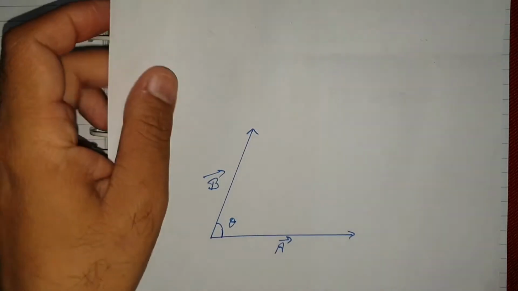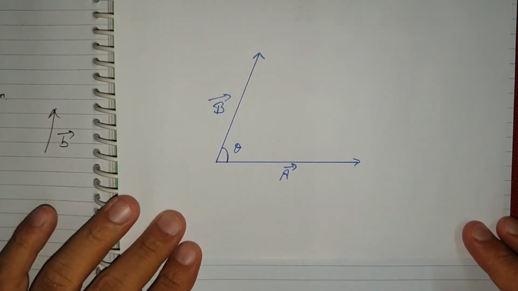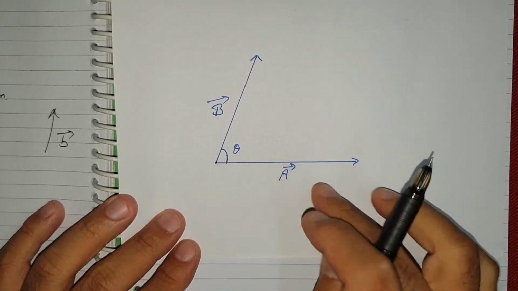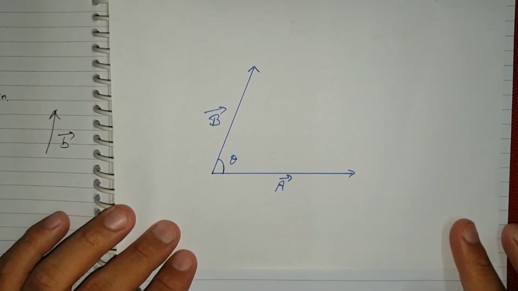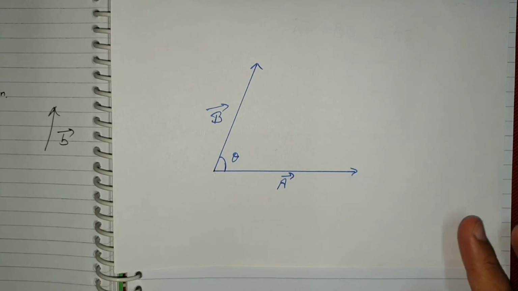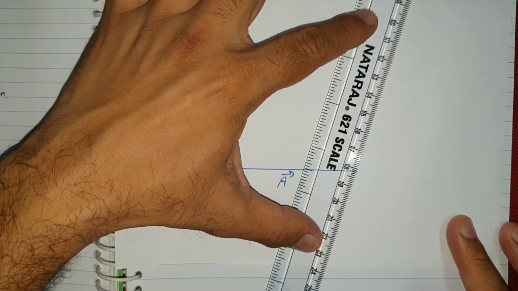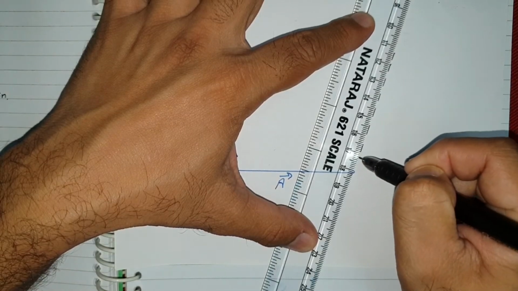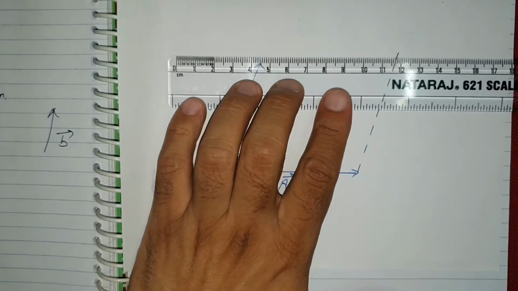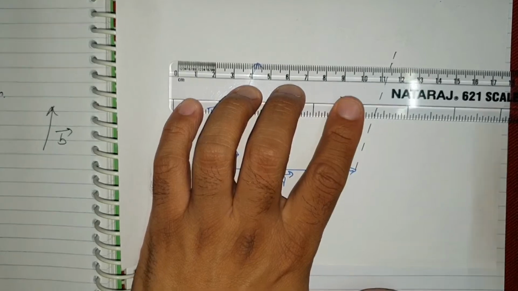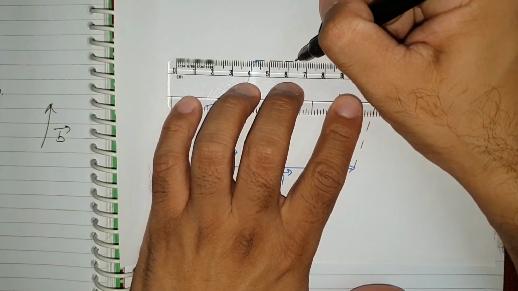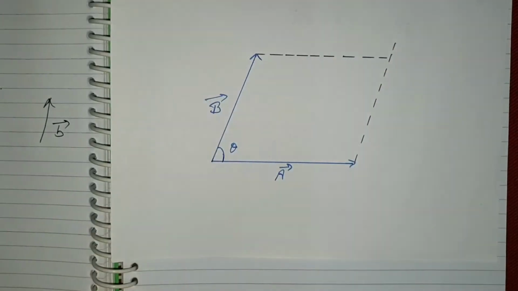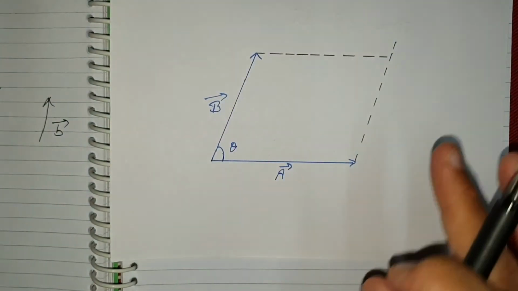Now see, you take this. Taking this as a particle, this is vector A and vector B, theta is the angle between them. Now we can complete a parallelogram, taking these as the two sides of the parallelogram. Now this is a parallelogram.